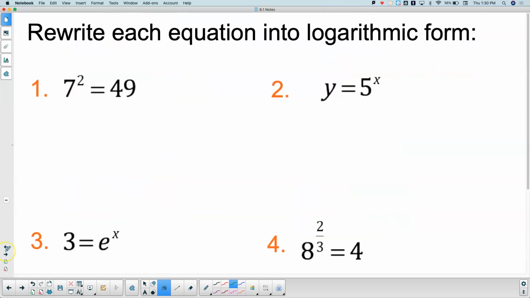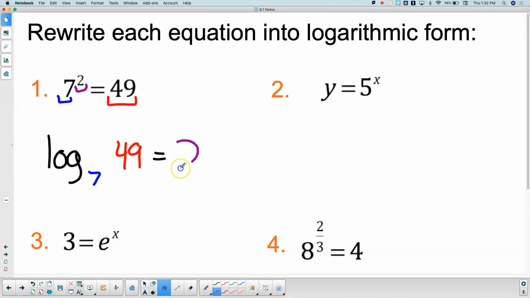Love it. Let's go the other way now. Now I give you exponential forms because I don't see log. And I'm asking you to put them into logarithmic form. 7 is my base. 49 is my number. 2 is my exponent.